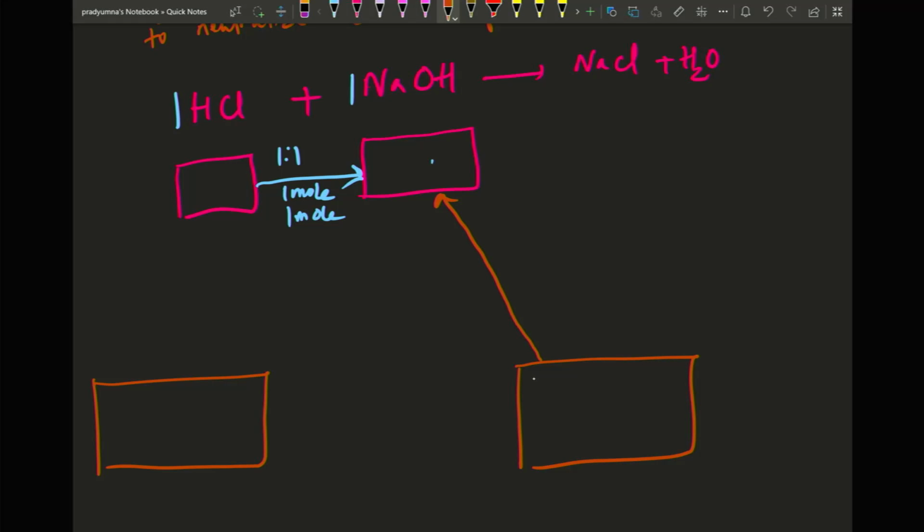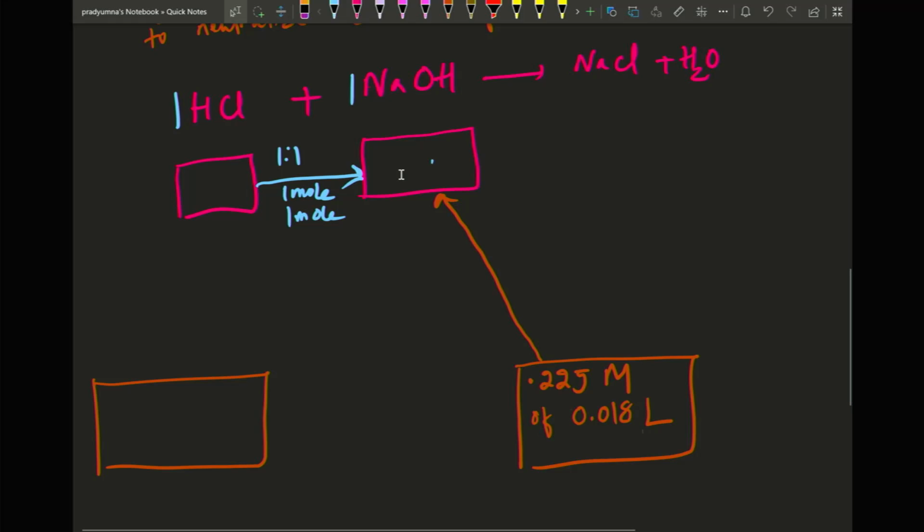So you are given 0.225 capital M, which is moles per liter, of sodium hydroxide. How much volume? Of 0.018 liter. So first thing you want to do is find the number of moles.